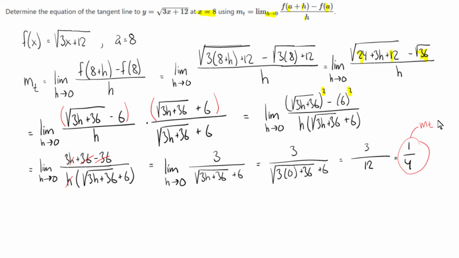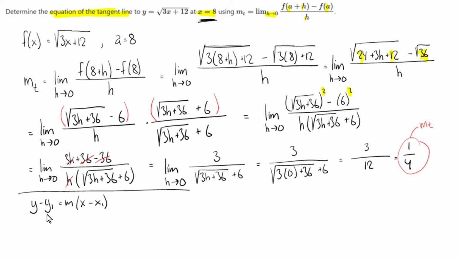Now we want to write the equation of the tangent line. We're going to use the point-slope formula: y minus y1 equals m times x minus x1. We have the slope, it's a quarter. We have the x-coordinate of 8 given to us.